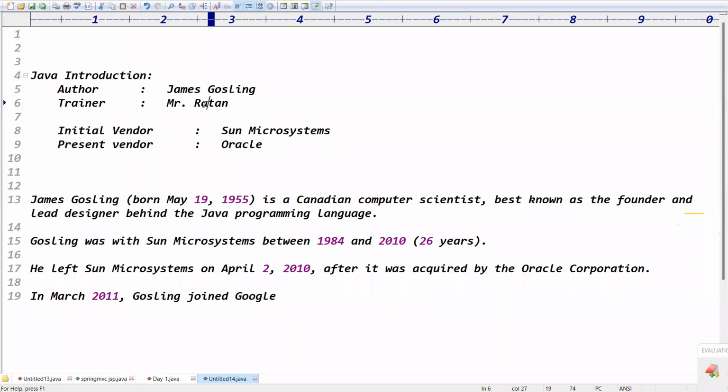Information about Ratan sir is not that much required, but information about James Gosling is required. Compared to Ratan sir, James Gosling's information is more important. In March 2011, James Gosling joined Google Corporation.